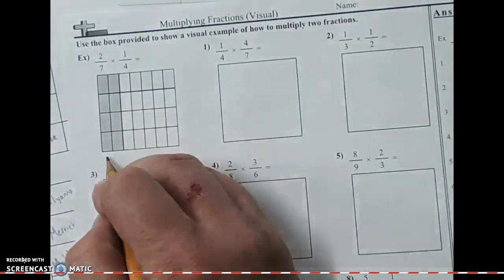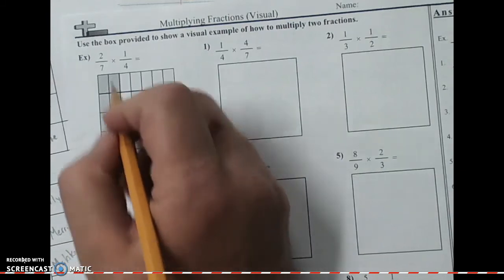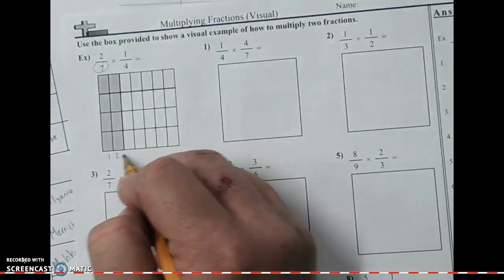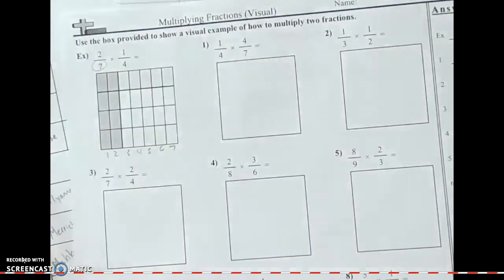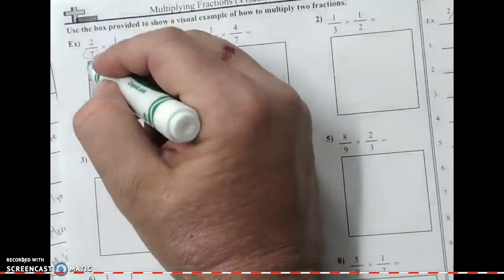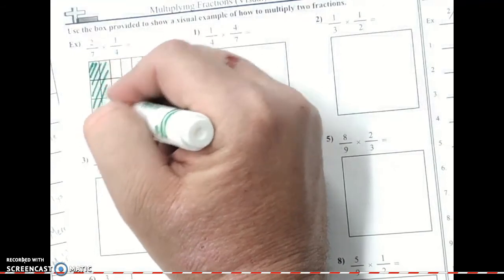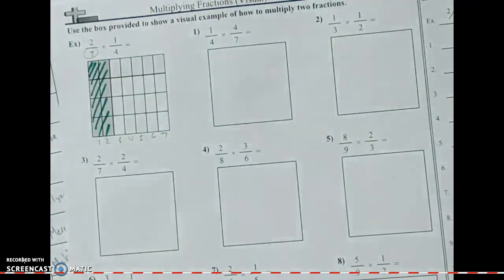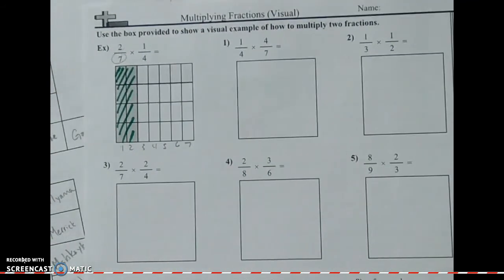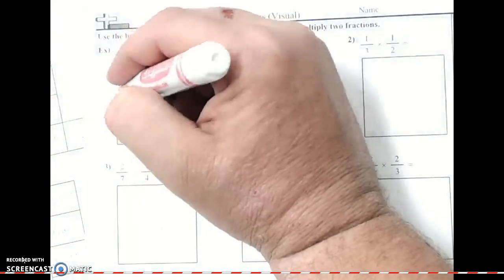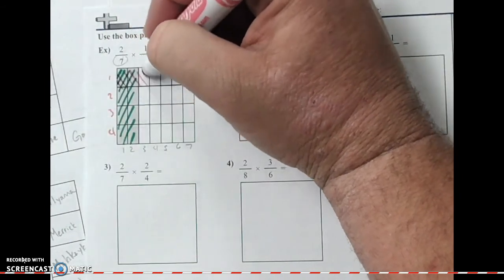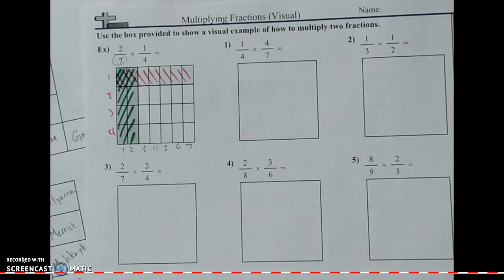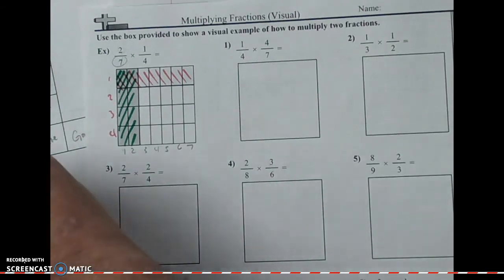So if we look at this, in the example, they divided vertically. They went 1, 2, 3, 4, 5, 6, 7, and they shaded 2 columns. Does that make sense? Horizontally, they divided into fourths and shaded 1 row. And they made a whole bunch of little rectangles when they did that.